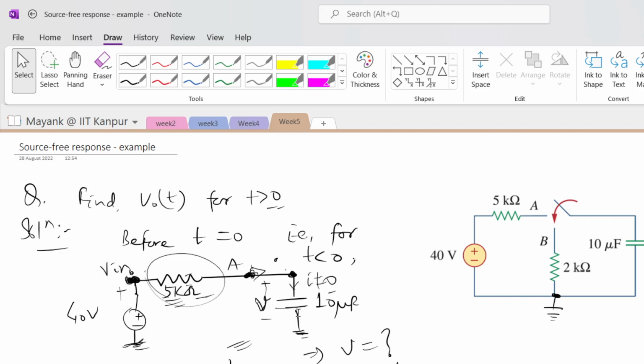There will be some initial voltage developed here, and when the switch flips its position to B, there will be only the capacitor and resistor connected here, and you can expect that this capacitor will start to discharge, isn't it? So in order to find the discharge voltage, we first have to find out what voltage was there initially on this capacitor, right?